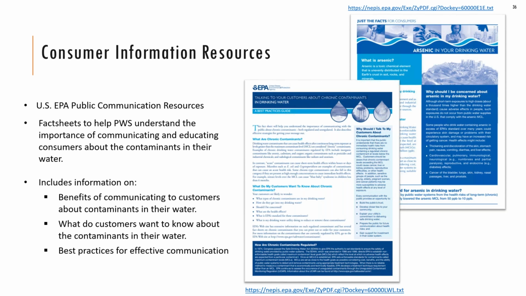These communications can help build public trust, develop a closer tie with your community, and potentially help gain support for future improvement plans. So these fact sheets from EPA will help provide information on the benefits of public communication, what information customers want to know, and best practices for effective communication.